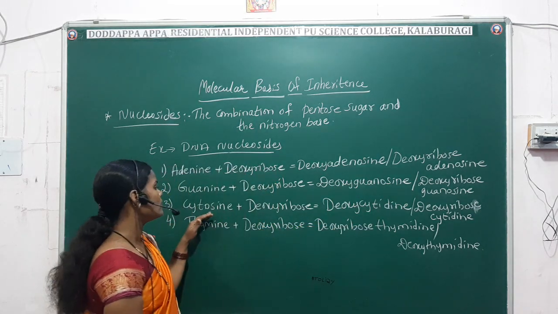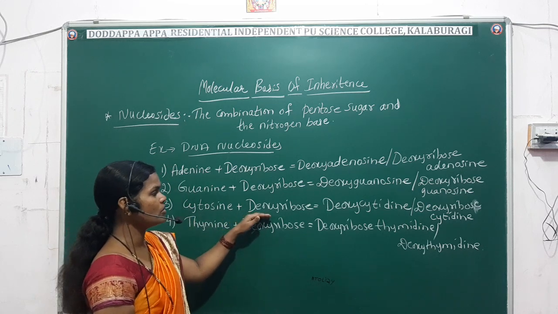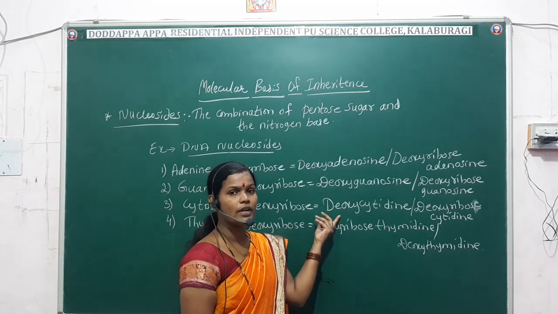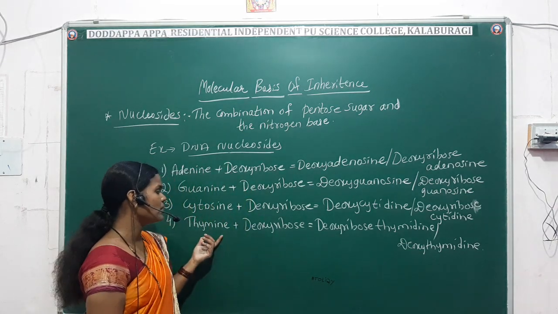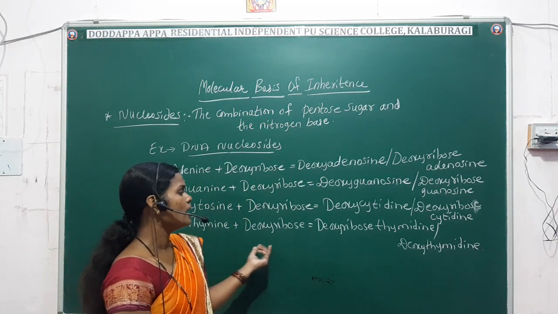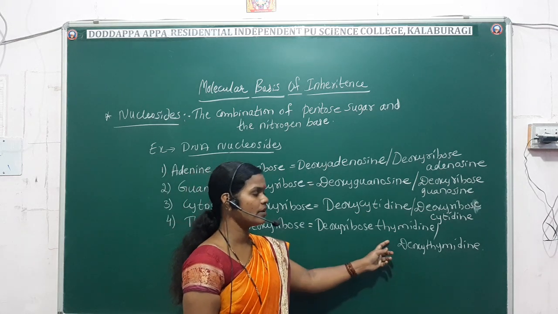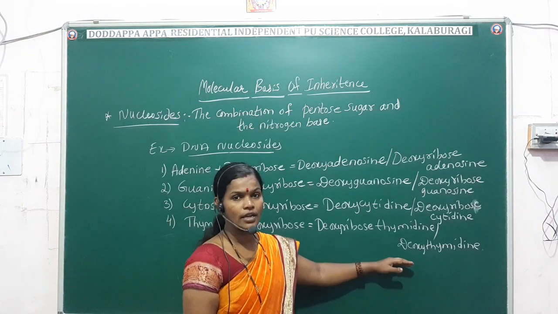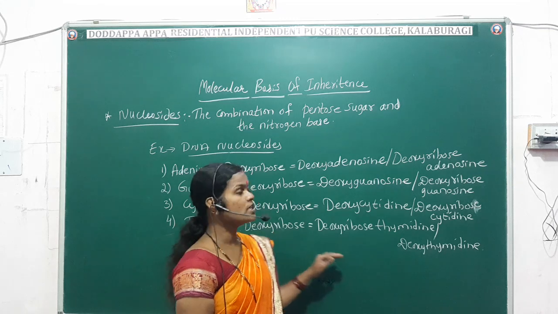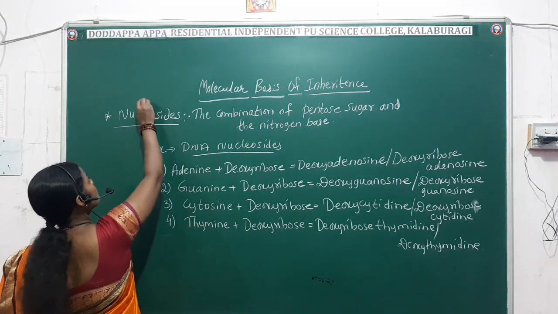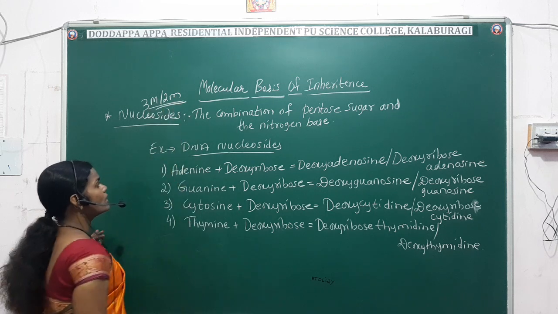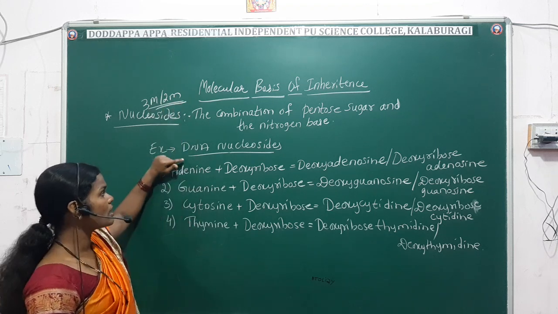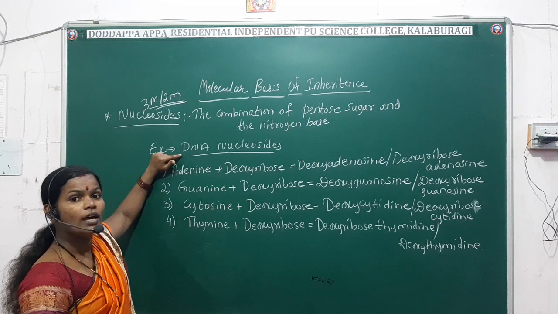Cytosine plus deoxyribose is deoxycytidine or deoxyribose cytidine. Thymine plus deoxyribose is deoxyribose thymidine, or deoxythymidine. It is very important for 3 marks or 2 marks, so you have to remember the examples of the DNA nucleosides.